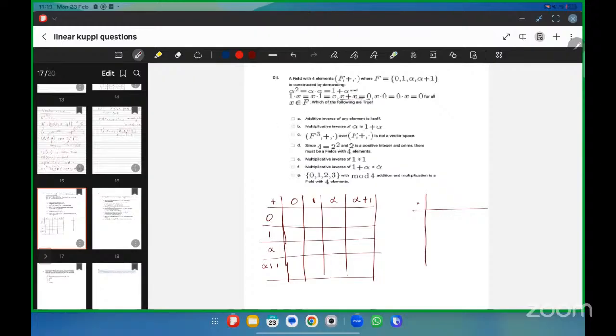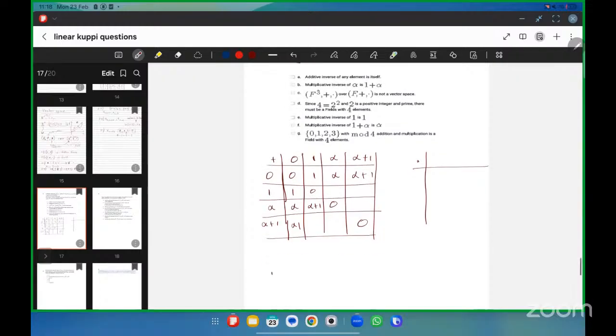There's a condition: x plus x, if we add the same elements, we get 0. 1 plus 1 is also 0, alpha plus alpha is 0, alpha plus 1 plus alpha plus 1 is equal to 0. 1 plus alpha is equal to alpha plus 1.